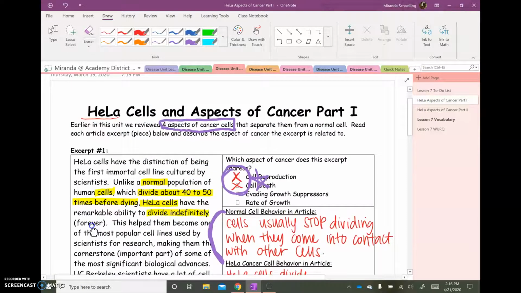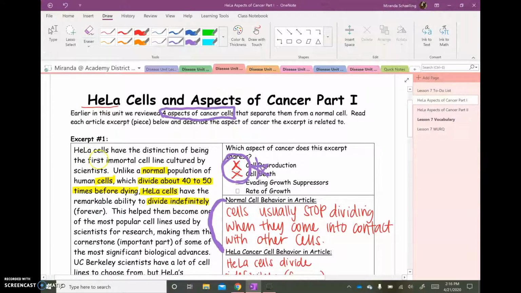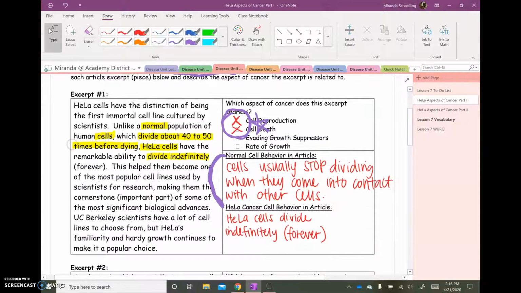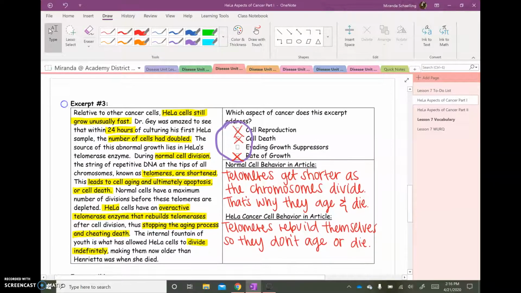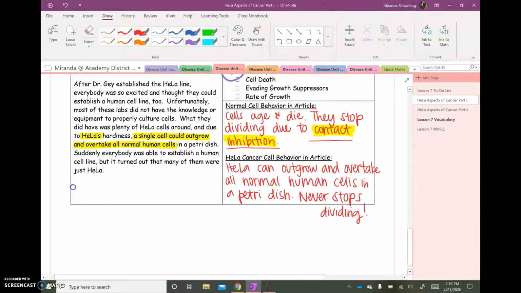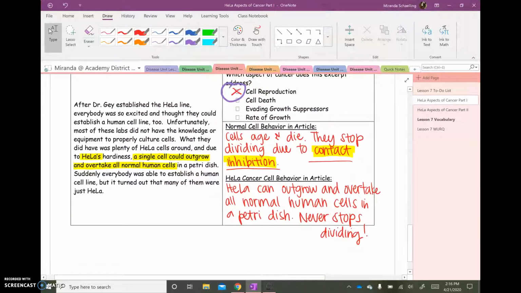So I said that connected to number 1, because it says it can divide indefinitely. It can go with number 3, because it's talking about apoptosis. And then number 4, because again, it's growing out of control.